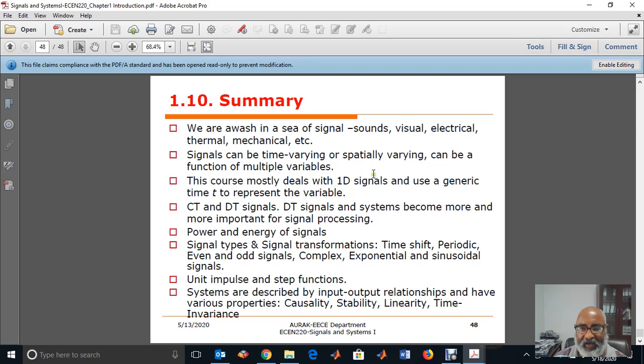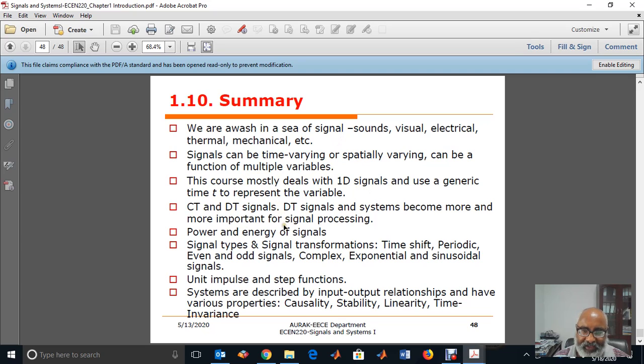Signals can be time varying or spatially varying, or both a function of time and space. For example, electromagnetic waves are functions of time and space. And a signal can be one-dimensional, a function of an independent variable time t, or it can be two-dimensional, for example, a function of space and time, or multidimensional.